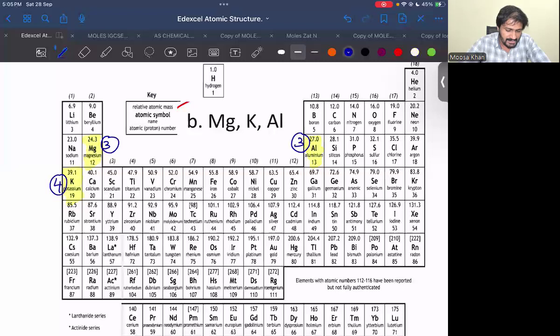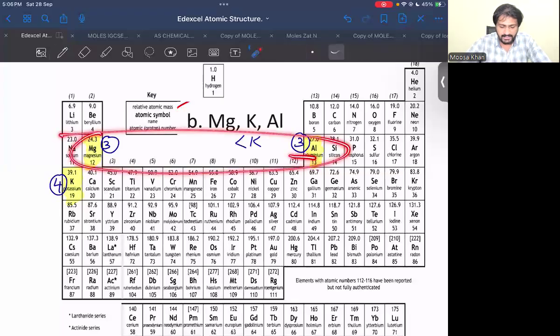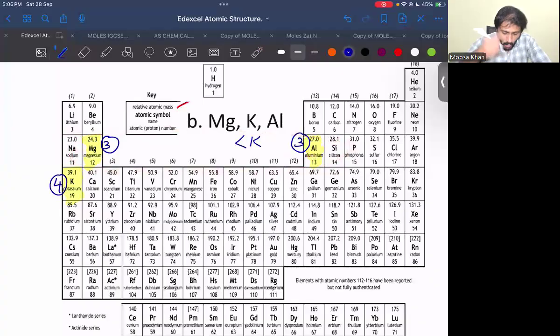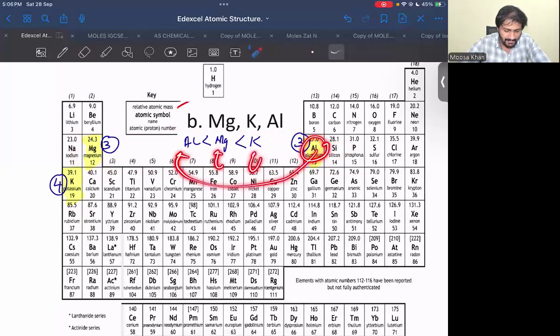So potassium must have the largest atomic radius. Magnesium and aluminum are in the same period, so across the period, size decreases. So aluminum must have a smaller size as compared to magnesium. The smaller size is that of the aluminum atom, then we have the magnesium atom, and then the potassium atom as the largest.